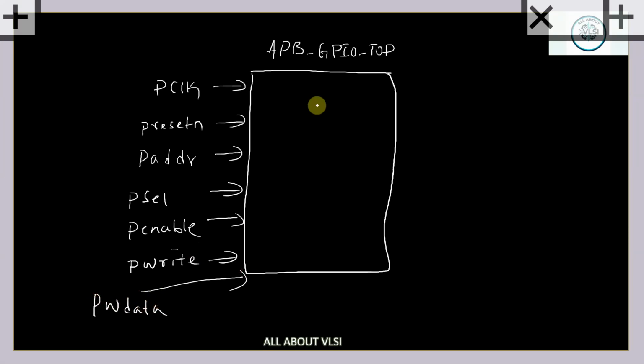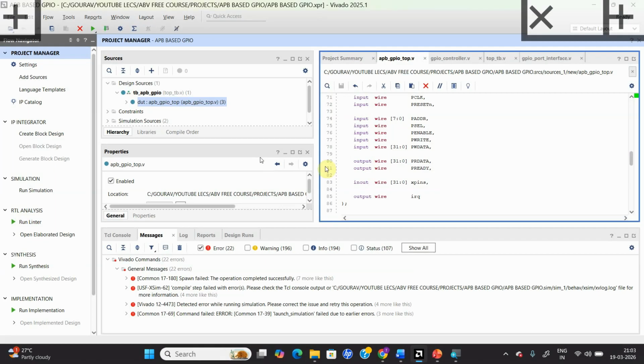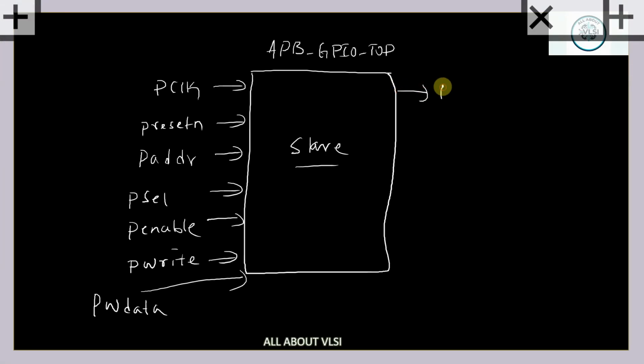Since this APB-based GPIO_TOP is nothing but a slave, these are inputs, and PRDATA and PREADY are outputs. PRDATA and PREADY are outputs of our top module.